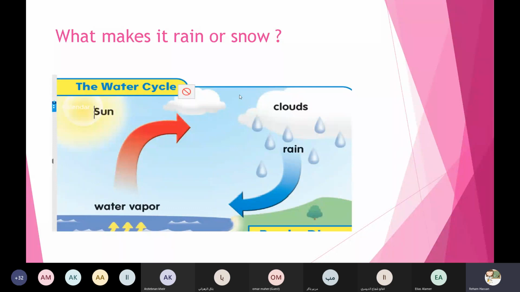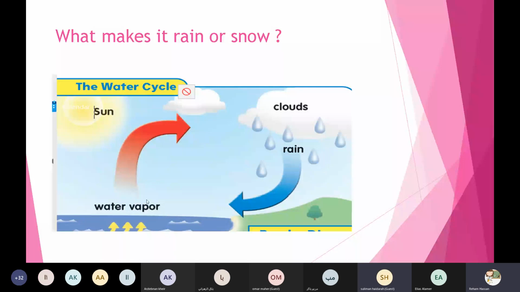So Uday, the sun heats or warms the rivers, warms the oceans, warms the ponds, and now the water, the liquid, will it change into water vapor? Water vapor will change into water vapor. Amazing. Thanks a lot, Uday. You are super.